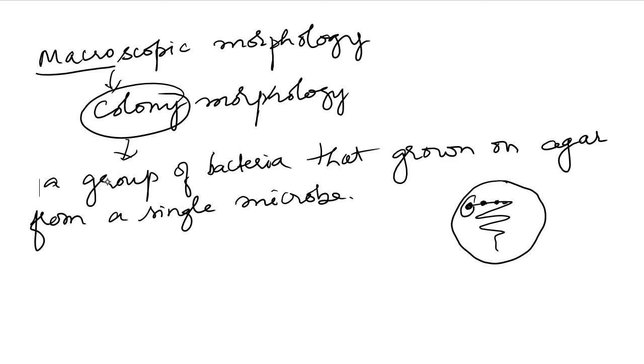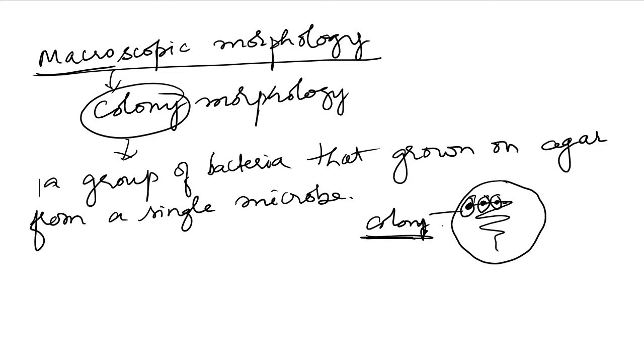So these individual groups of cells which have grown from one single microbe are referred to as the colony. And the term macroscopic morphology refers to the morphology of this colony.